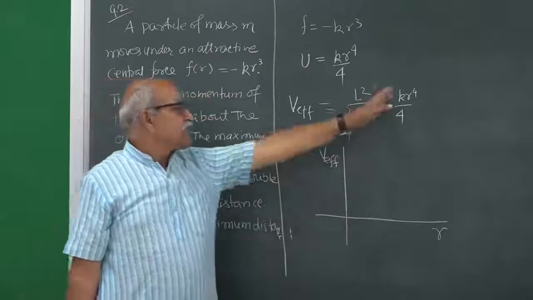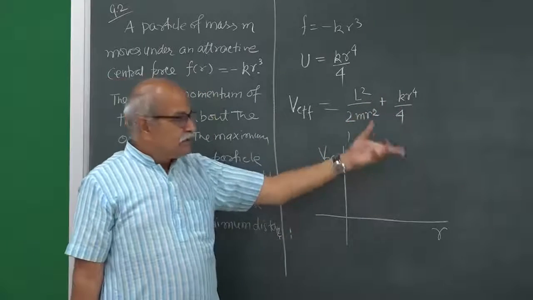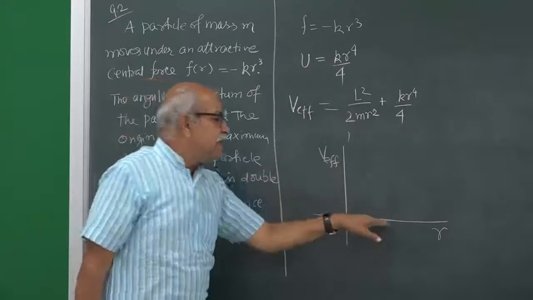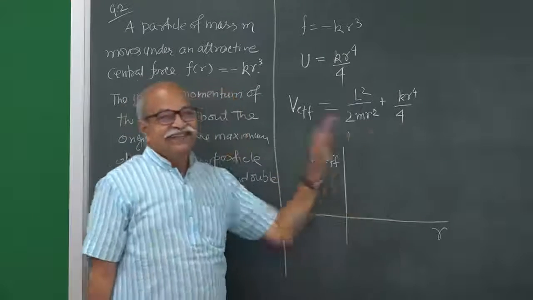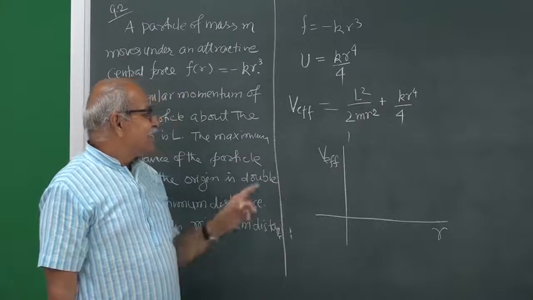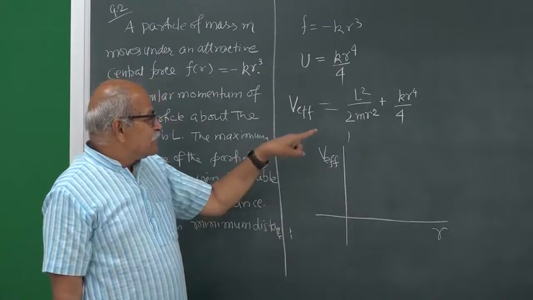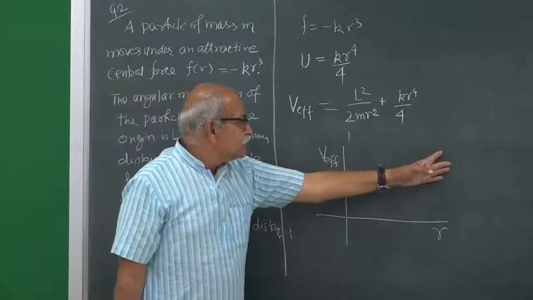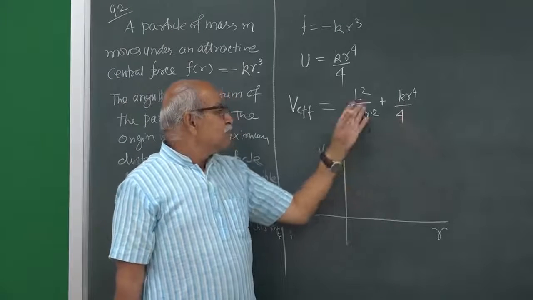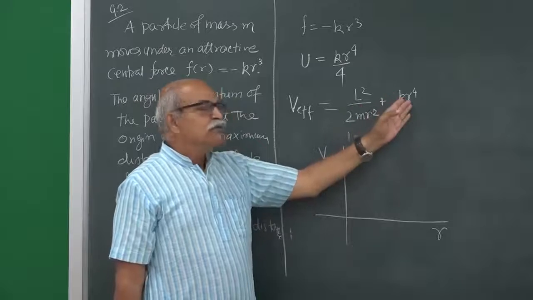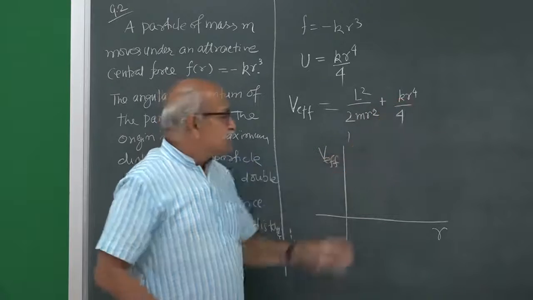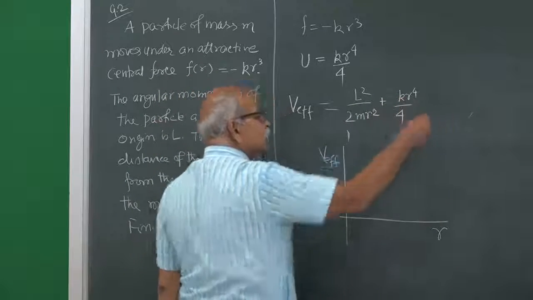All the time it is positive, r square here, r 4 here. I do not have to find the point where it crosses the r axis. And of course, I can look at the large r values. For large r values, the first term will be 0, but the second will go to infinity. So, it starts from infinity and it goes up to infinity.